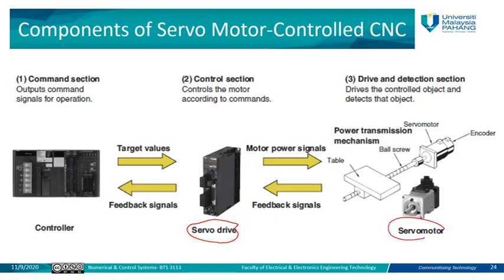We are talking about the encoder now because we are talking about the servo motor in the closed loop. This encoder is attached to the lead screw, which moves the table. Usually the signal is fed back from the servo drive into the controller, or the machine control unit.